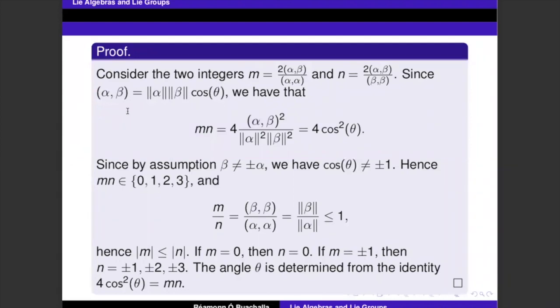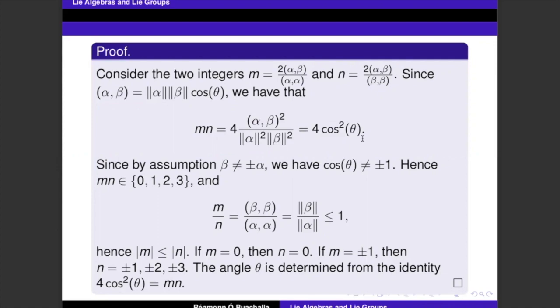From this basic identity, we see that multiplying n and m gives us 4 times the inner product of alpha and beta squared over the norm squared, which is to say the inner product of alpha with alpha and of beta with beta, and that is equal to 4 cos squared theta.